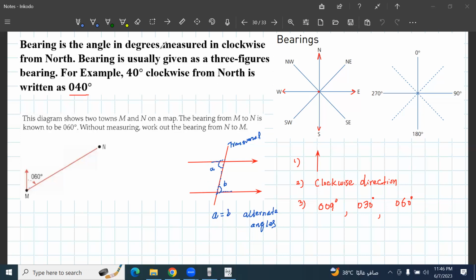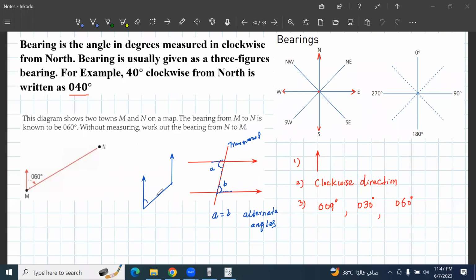Now one more thing: if we have two parallel lines, the interior angles of the parallel lines must be supplementary. For example, we go up, then one north we can draw here, and then one line which connects these two norths. Remember that these two norths are parallel.